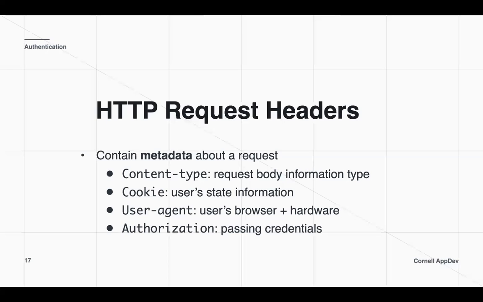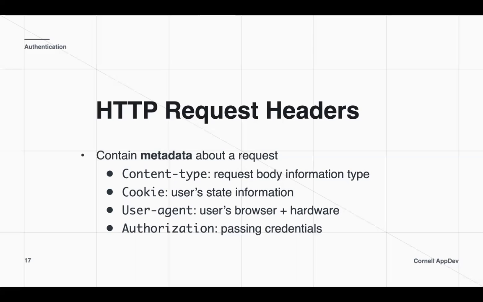The way that we actually send this data is not through the body of a JSON like normal. We actually use something called HTTP request headers, which contain metadata about the request. Some examples are the content type, which tells your browser and any other server reading the request what kind of body this request is informed. In our class, we've been using our content type as JSON since we're sending JSON bodies.